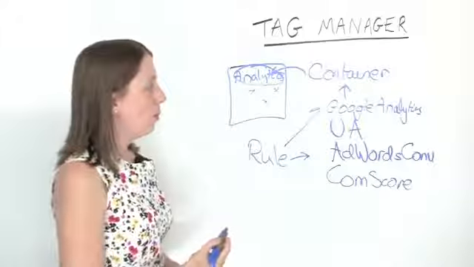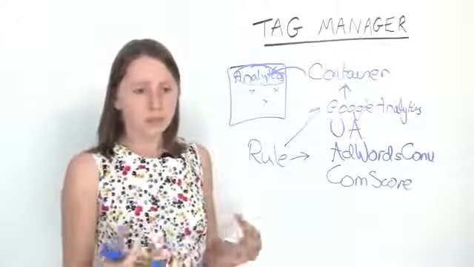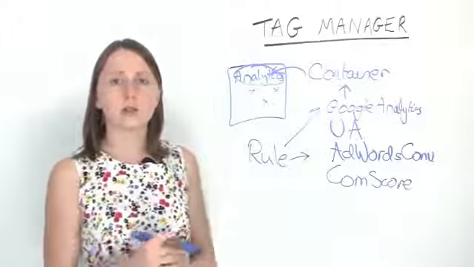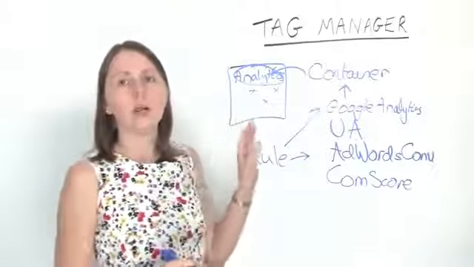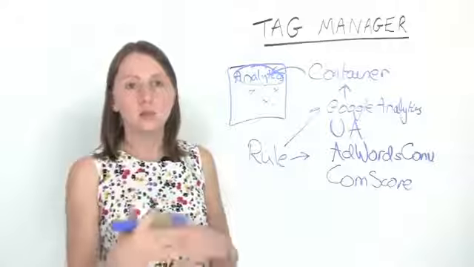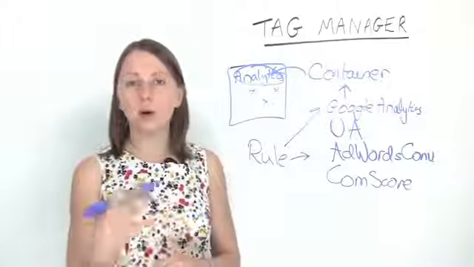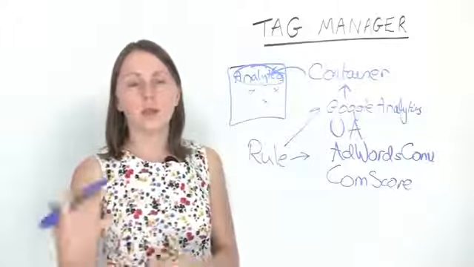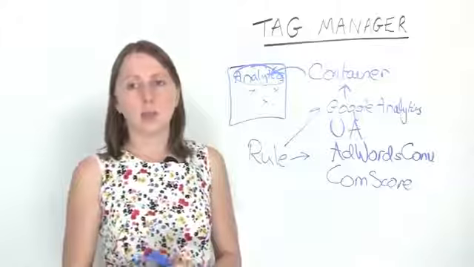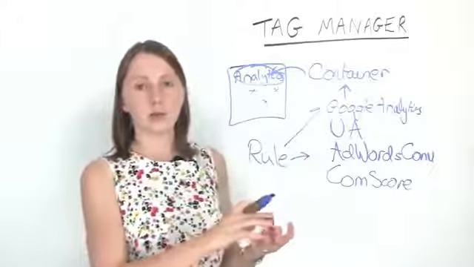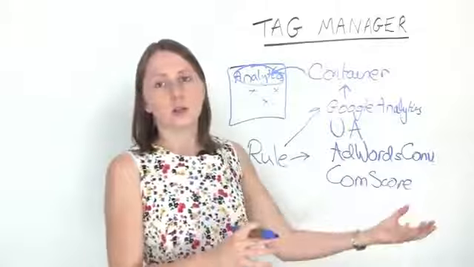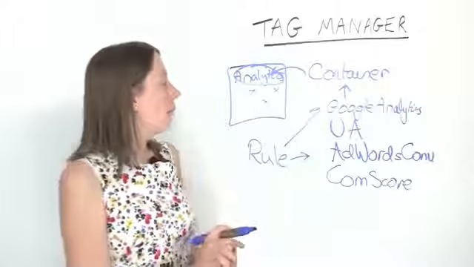And then on top of that, there's also the functionality to write little scripts in the background of Tag Manager, which just set bits of information so that you can pull in dynamic information, things that might change on the page, and then put those into your information so that you can then send tracking code based on those.